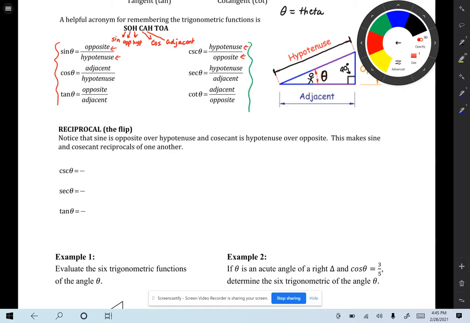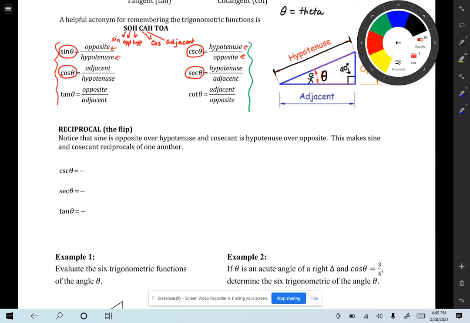Now, students have no problem with tangent and cotangent because of the word tangent in there, so you can tell that they're related. But the way to remember the cosine and cosecant, I always tell students it's never the same letter. So cosine and secant are reciprocals, and then sine and cosecant are reciprocals. It's not SSCC. It's in fact the opposite. So that's a good way to remember them.